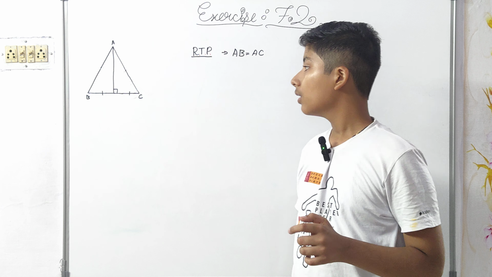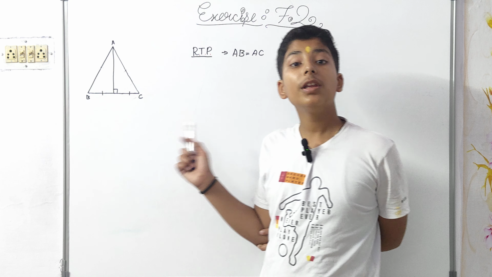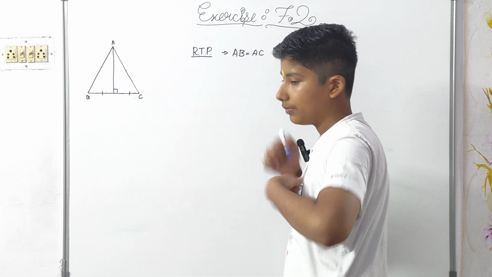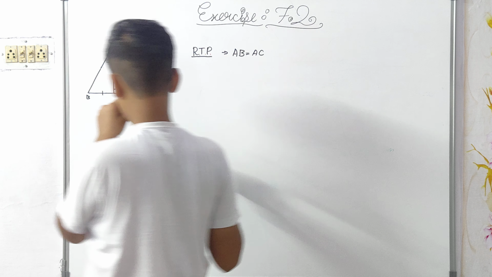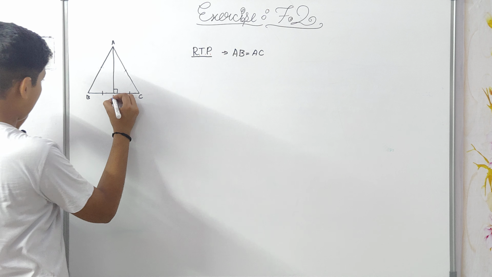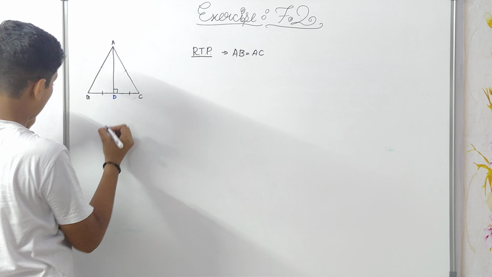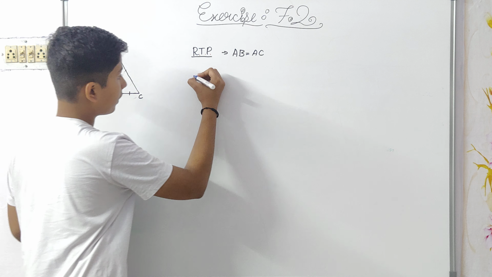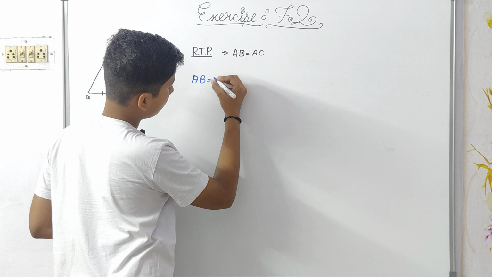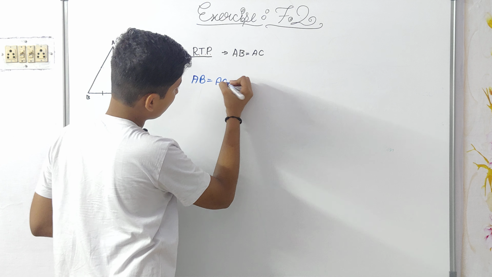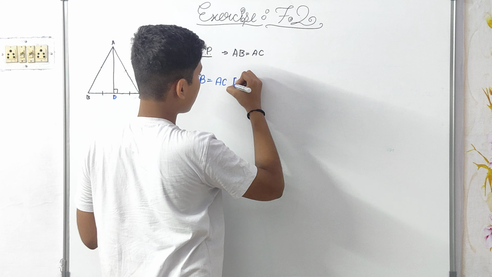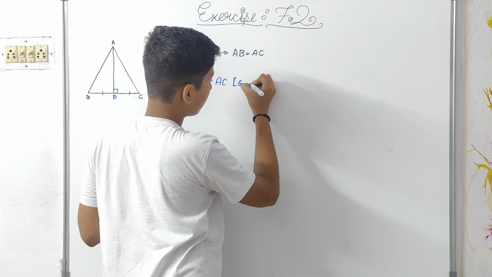But we can only prove this by using congruence. Okay, so let's start. Firstly, this is point D, so we'll write AB equals AC, given.